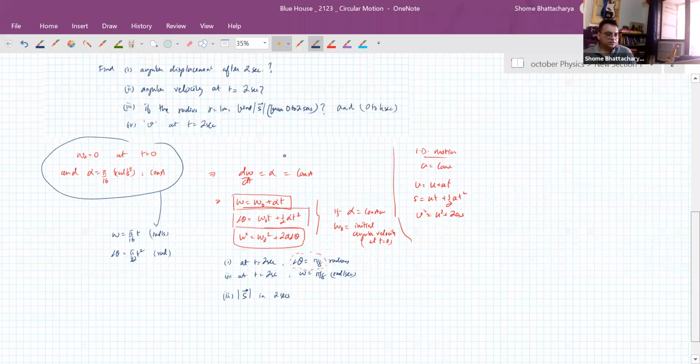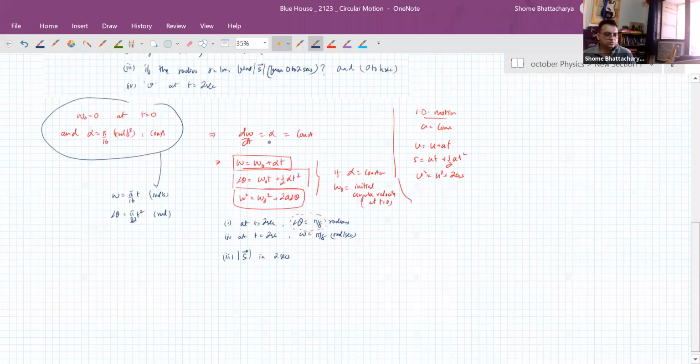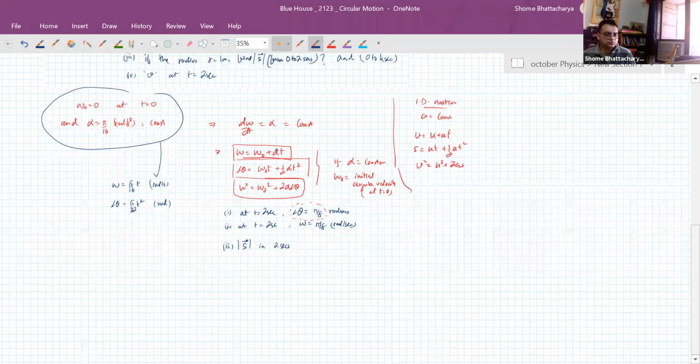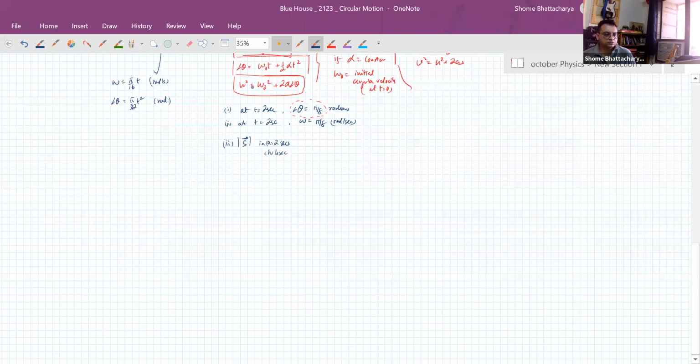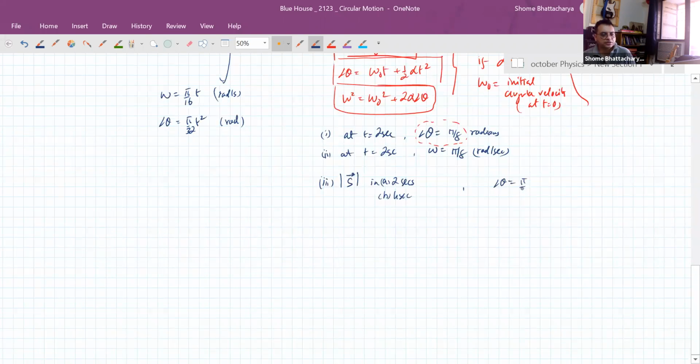Okay, so let's understand this now. Angular displacement formula, which was pi by 16, sorry, pi by 32 t square radians.